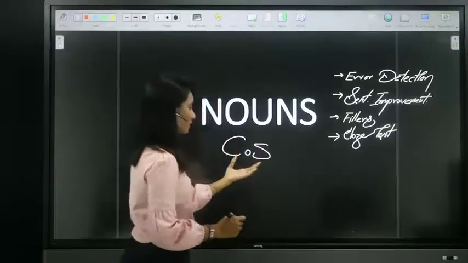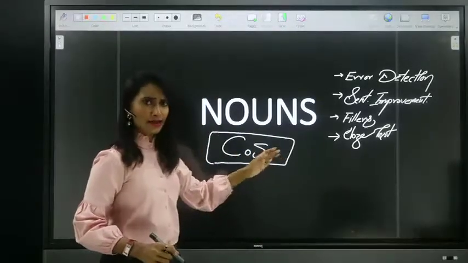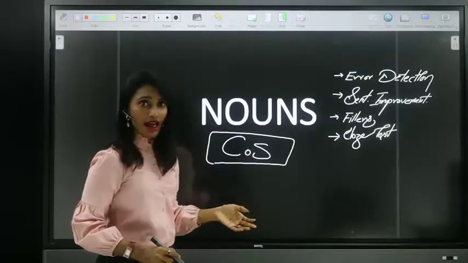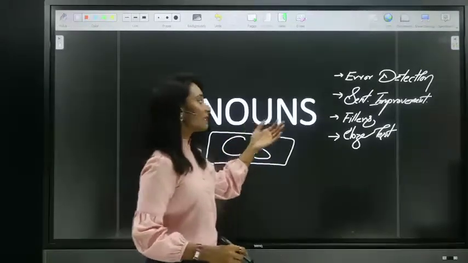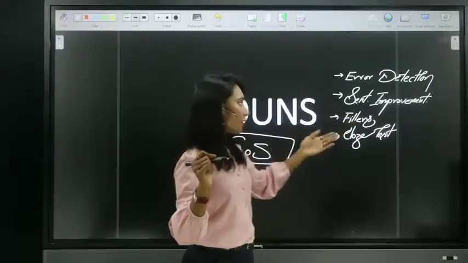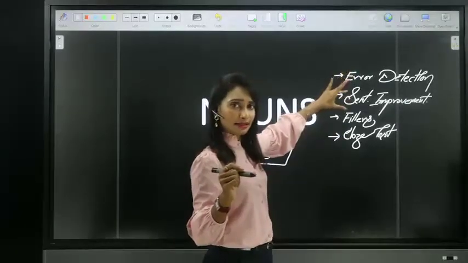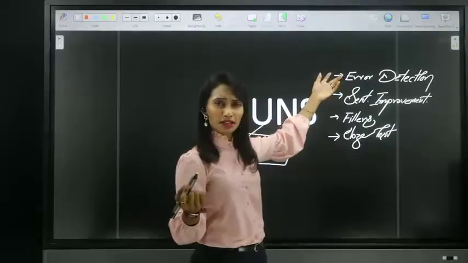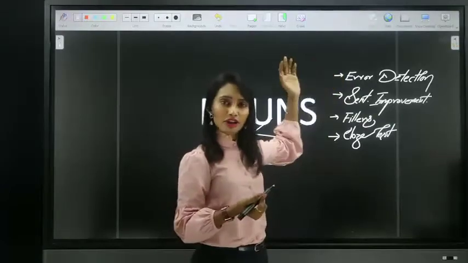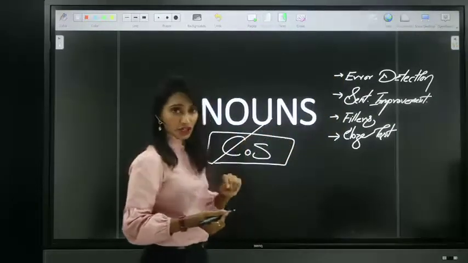We are going to discuss in the form of correction of sentences where we'll be taking one sentence with or without error, and that part you can think of as a filler where the part is to be corrected, or you can take it as a closed test, or consider it as a sentence improvement, and automatically we will detect where there is an error, so error detection. So in these four ways you are going to face the application part.